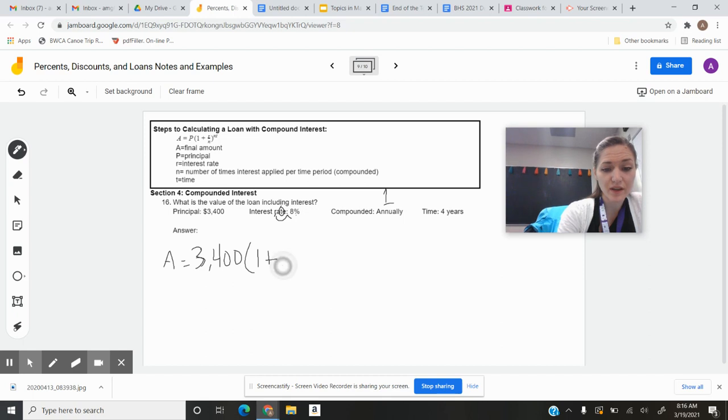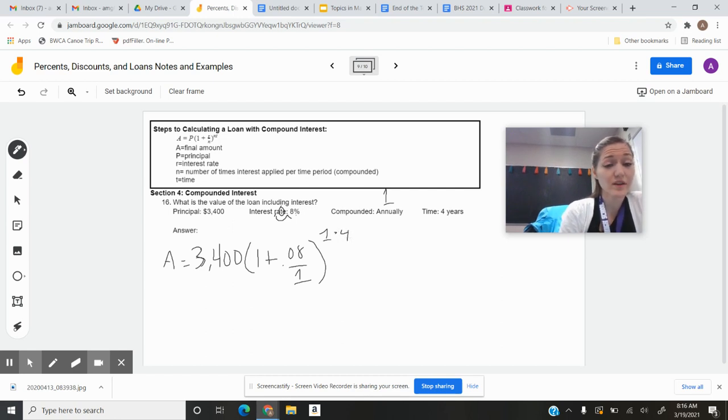If we do that, we get 0.08, over n, which is just 1, to the n times t power. In that case, it would just be 1 times our time, which is 4.